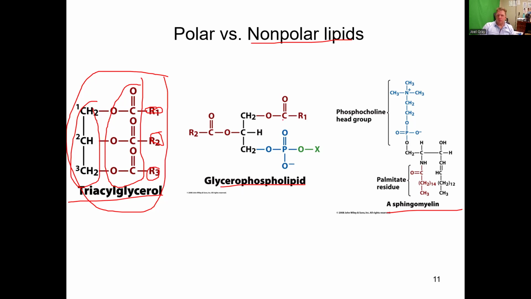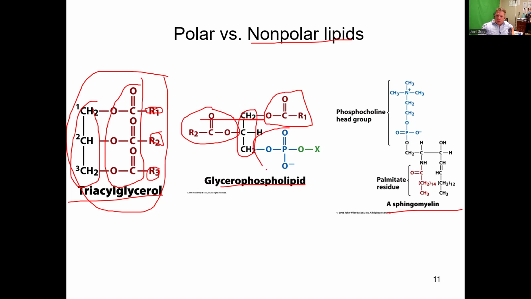Now, glycerophospholipid. If you look at a glycerophospholipid, and we're using this term for the first time, what I want you to see is this right here is that glycerol backbone. You've got this fatty acid, which has been added to our glycerol. We've got another fatty acid added to our glycerol.